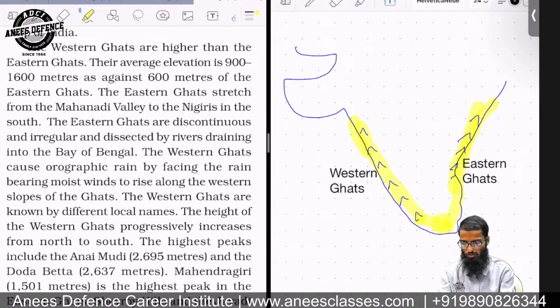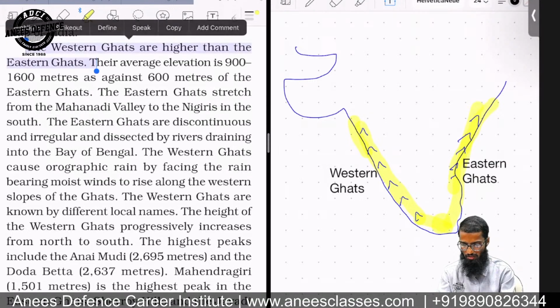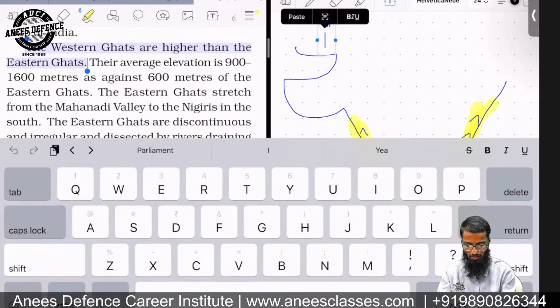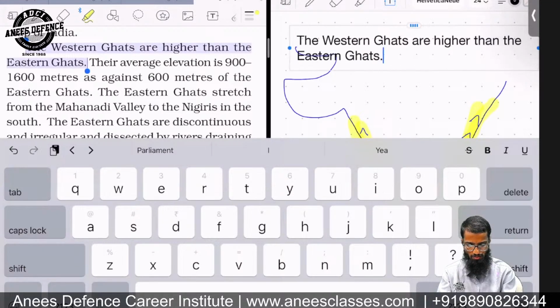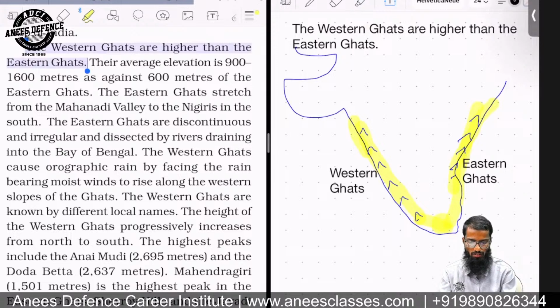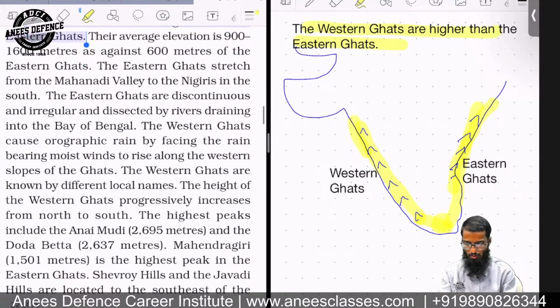So this is one point that can be asked: Western Ghats are higher than the Eastern Ghats. Eastern Ghats stretch from the Mahanadi River to the Nilgiri.